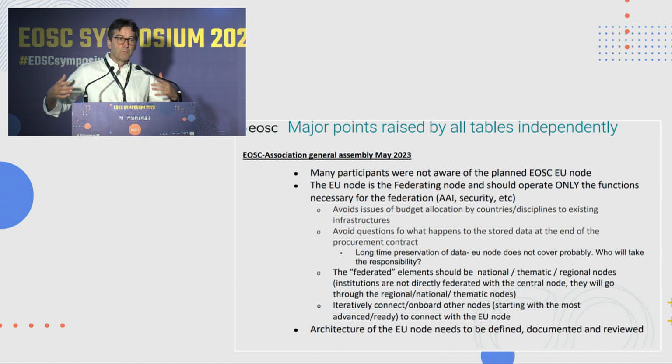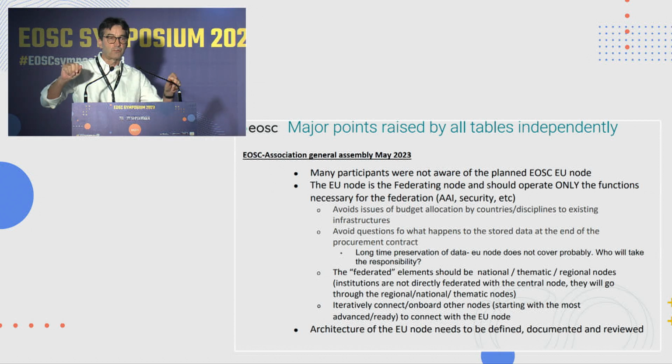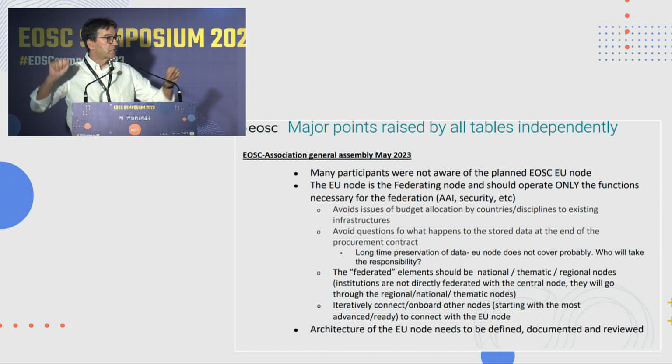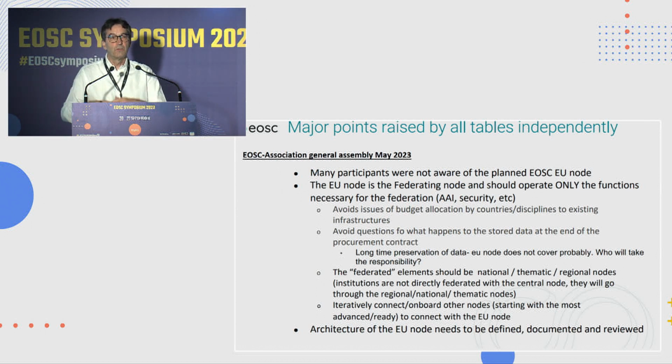The discussion was reignited at the General Assembly of the EOSC Association in May of this year, when we had a roundtable structure and were discussing these things. We started to touch on the idea of the ongoing procurement organized by the European Commission, and people were not fully aware of what that really meant.